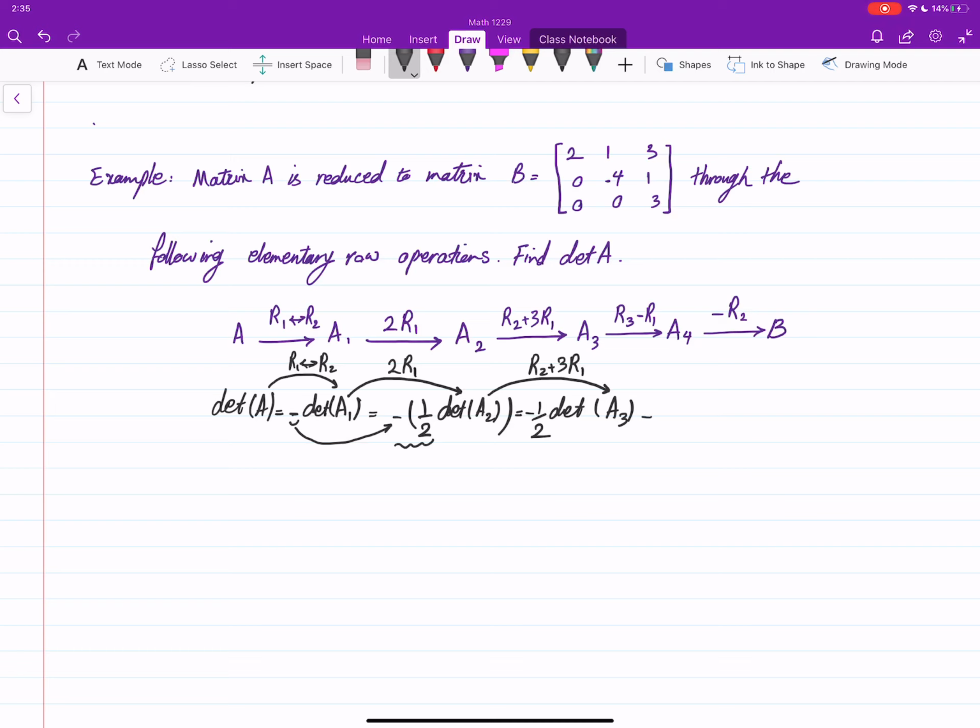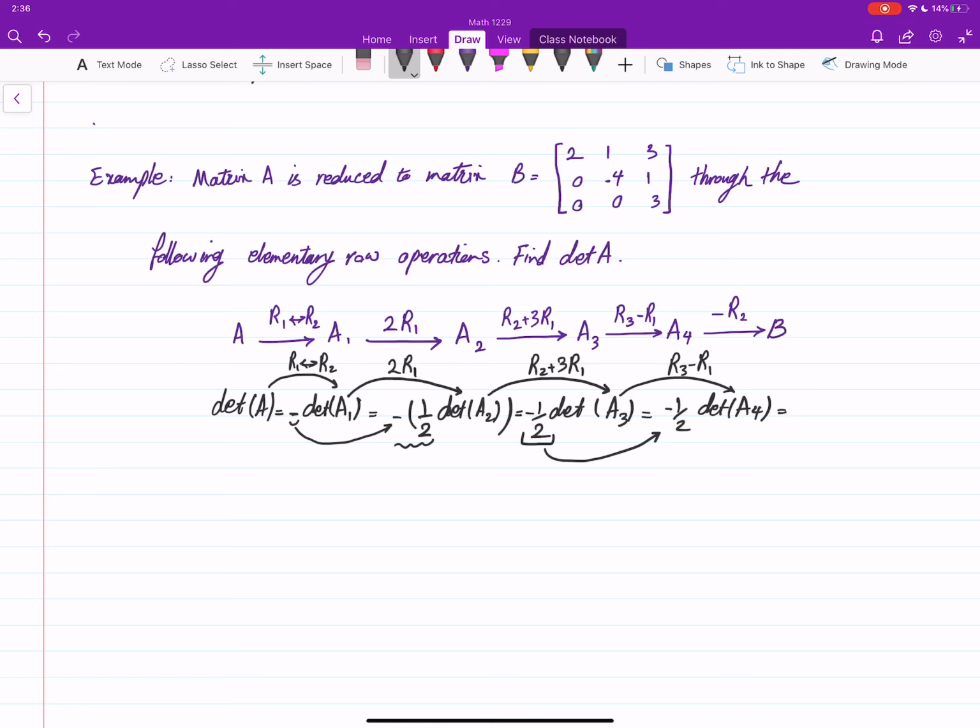And then in the next step, we generated A4 by adding negative 1 times R1 to R3. Again, the determinant does not change in this case. We are carrying over that negative 1 over 2.